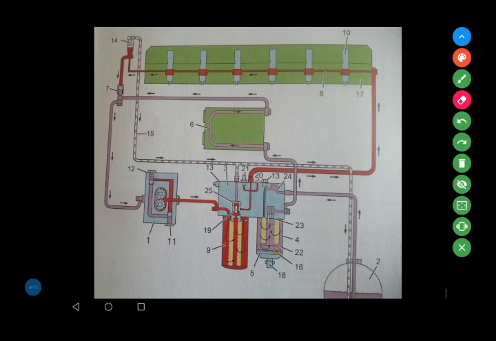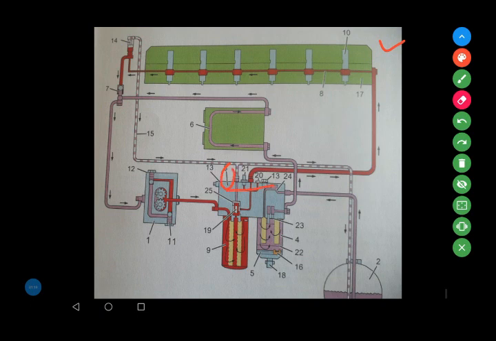So viewers, you can see in front of you our fuel supply system diagram. Here you can see the names of the components. Number one is the fuel feed pump, and number two is the fuel tank, and number three is the filter head.